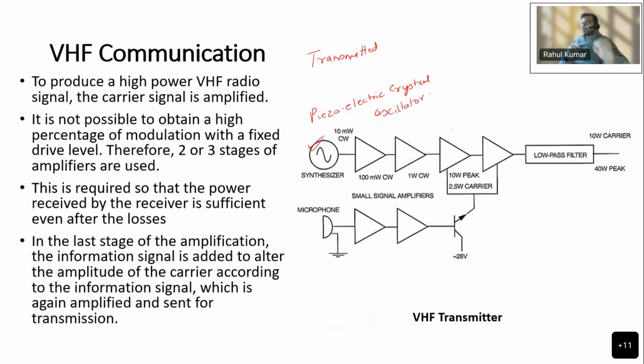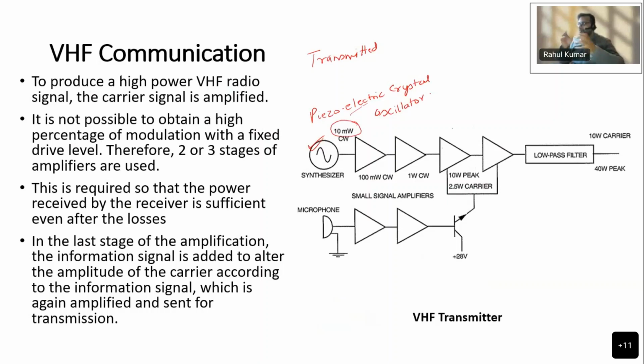Okay, so these are some specific materials, piezoelectric material, which produce very nice and continuous oscillation at fixed amplitude and at fixed frequency. Okay, so generally these types of oscillators are used to produce your carrier wave. But these carrier waves produced have low power, something like 10 milliwatt, right?